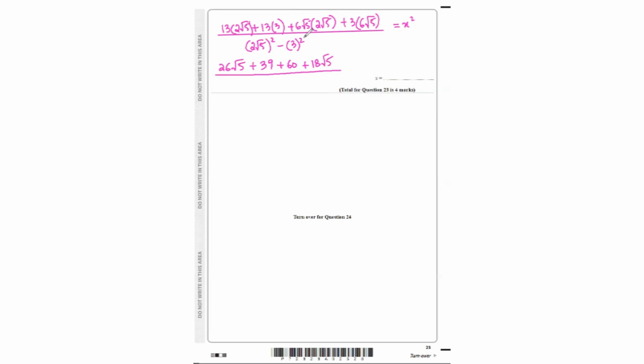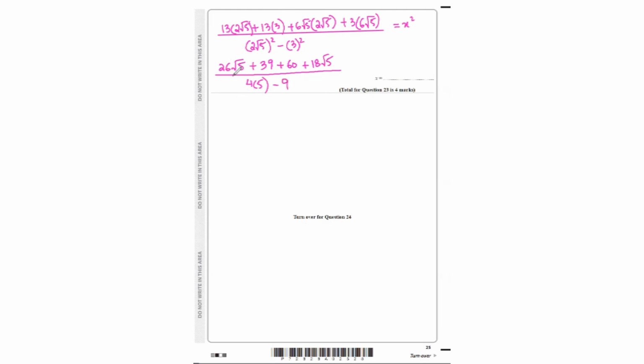So the 5 will remain as it is inside the root. Whereas when we did 6 root 5 times 2 root 5, we did 6 times 2, which is 12. And then root 5 times root 5 is root 5 squared, which is the same as 5. Hence, 12 times 5 gave us 60. And the denominator, 2 root 5 squared becomes 4 times 5 minus 3.